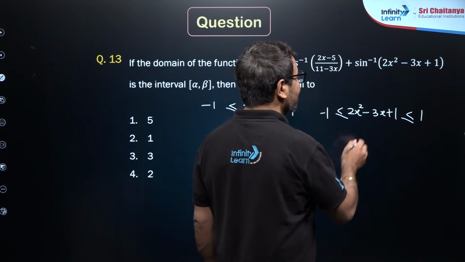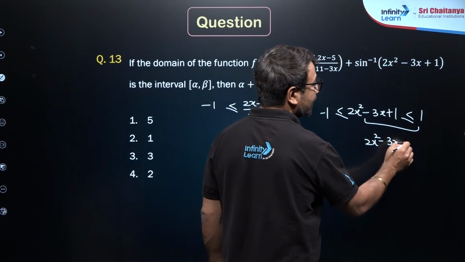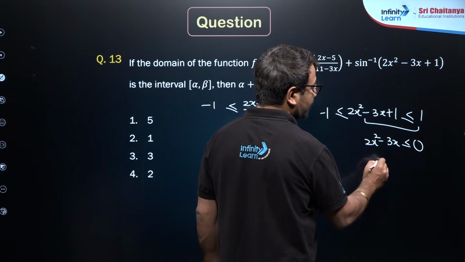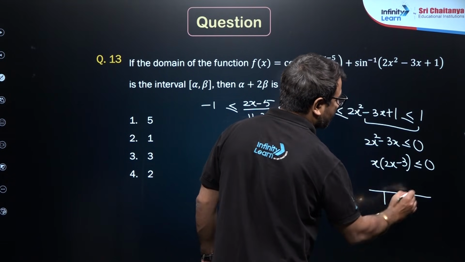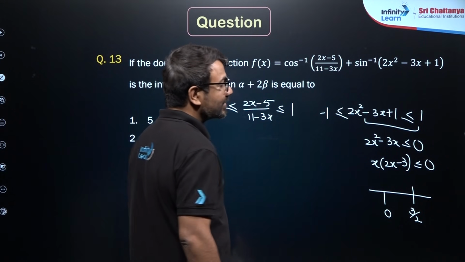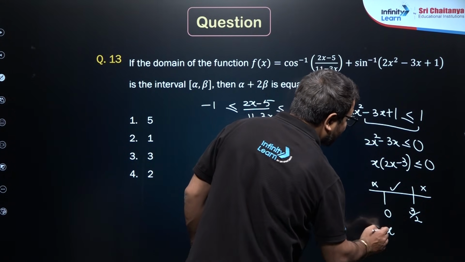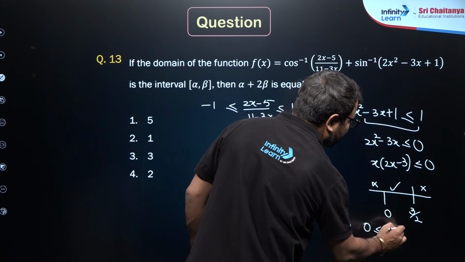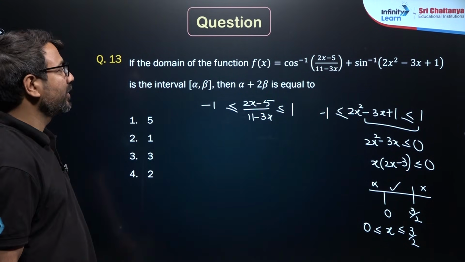So if you take only this portion, 2x square minus 3x has to be less than 0. So x(2x minus 3) has to be less than 0. If you mark the critical points 0 and 3 by 2, is 1 satisfying it? Yes, 1 is satisfying it. So from here I got the value of x from 0 to 3 by 2. This is one of the values that we got.